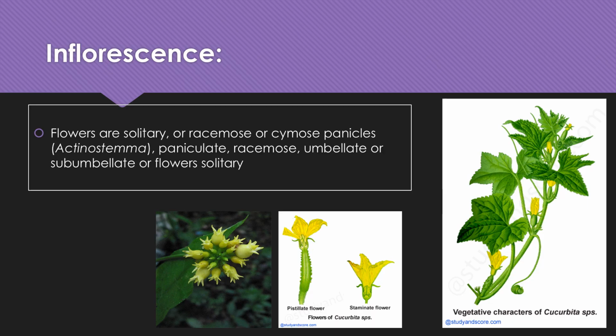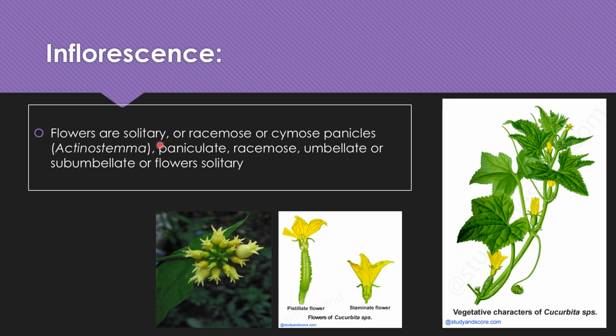Now let's discuss the floral characters of the family. Inflorescence means the group of flowers present on the stem. It shows great variation. Flowers are usually solitary, meaning single flowers are borne on the stem, or sometimes racemose.